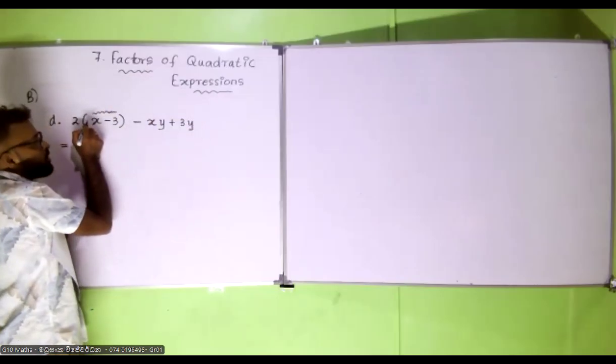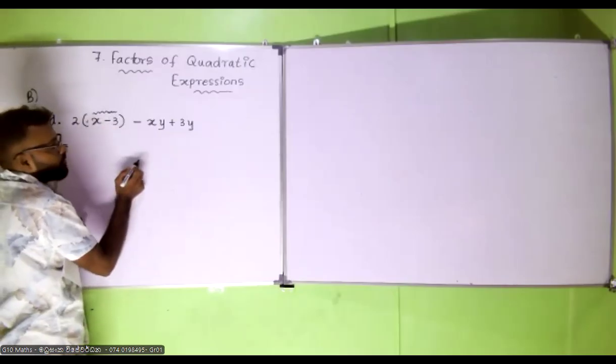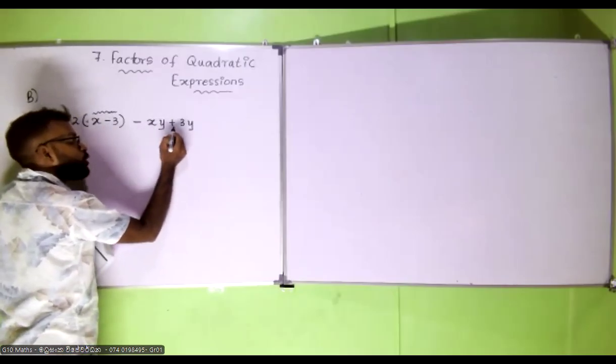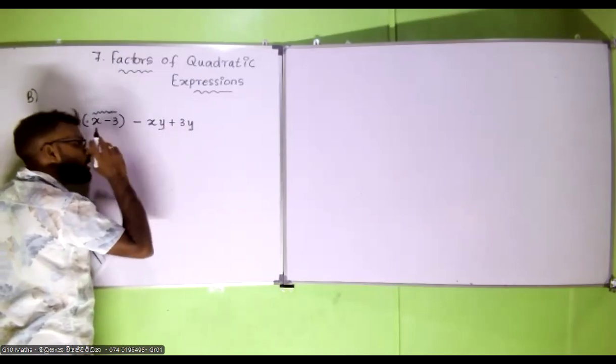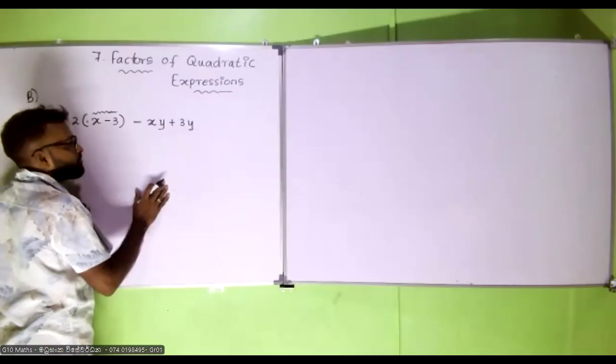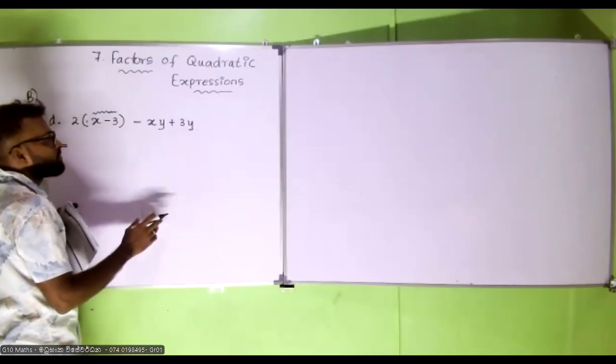But this is positive x, negative 3. When it comes to here, you have negative x, positive 3. So you need to know that you are going to do a sign conversion here.